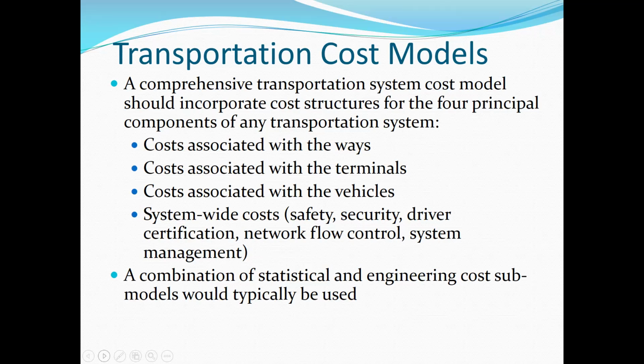Some of those could be engineering cost models, very detailed, and some others might be statistical cost models, maybe not as detailed. And that's okay too. So you might have to use a combination of engineering and statistical cost models. Questions about this? Any questions?